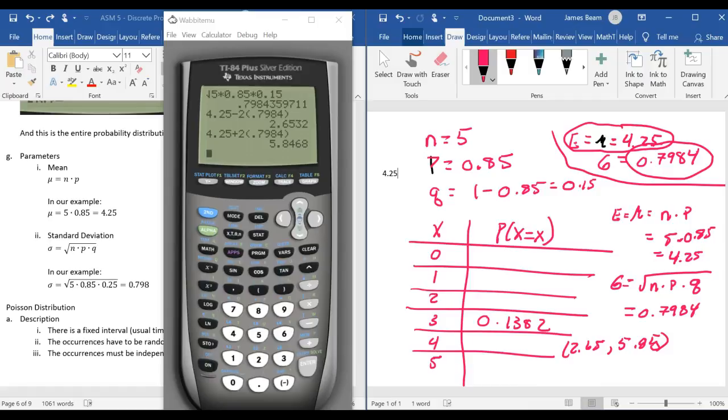I should expect that between 2.65 and 5.85 of them could, which means it's really 3, 4, or 5 of them would. If I actually grabbed 5 adults and found that 0, 1, or 2 could, only that many could, then there's something unusual about that sample.